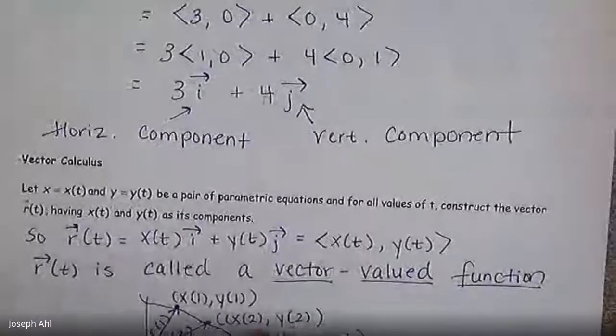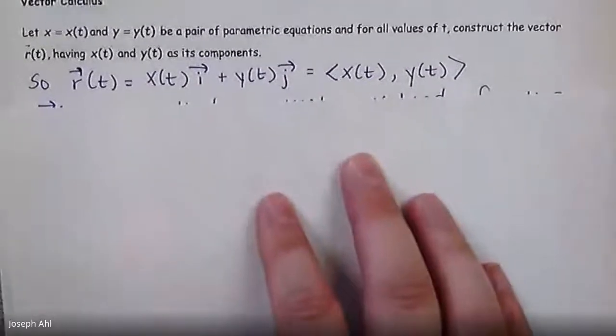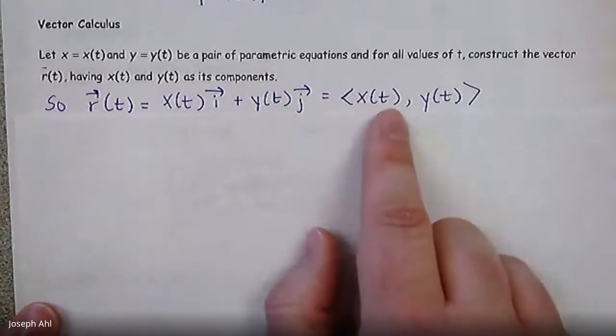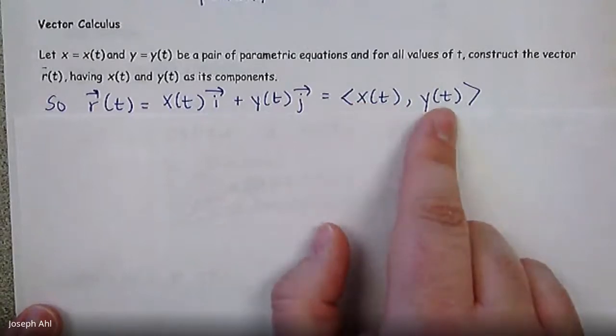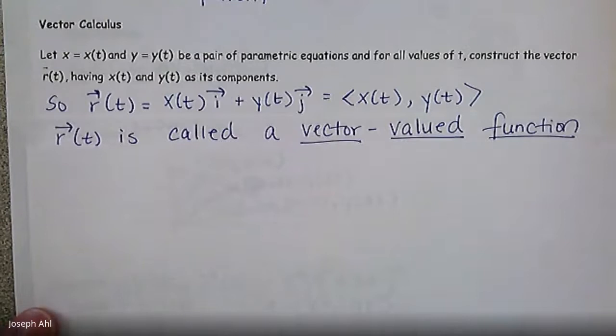All right, so here's what we've got. r of t would equal, in the basis vector form, x of t i plus y of t j. Or if we like this form better with the triangular braces, it would be of the form ⟨x of t, y of t⟩. And the vector r of t is called a vector valued function.